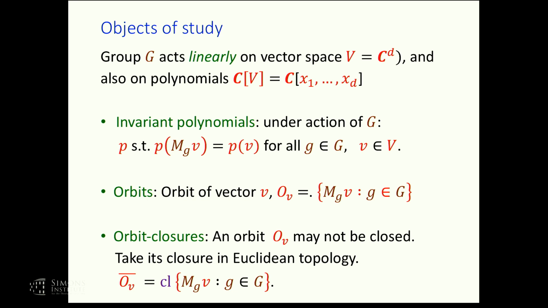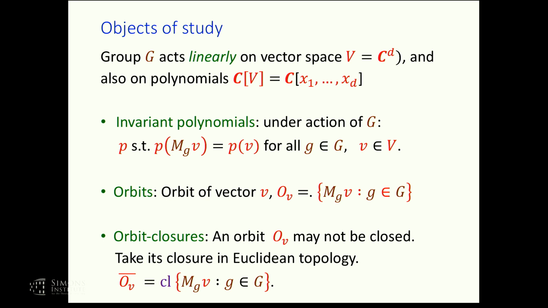So sometimes this set of points that the group gets you to is not closed in the usual Euclidean topology, and it's very natural and very important to take closures. So that's the closure of an orbit. You just take all the limit points of this set. And you'll hear many talks during this conference where this thing will be important.